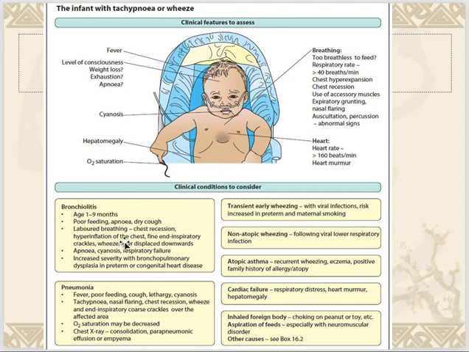It is the most common lower respiratory tract infection in infants. It also comes in winter or early spring, and children who have bronchiolitis have increased chances of getting asthma later in their life.